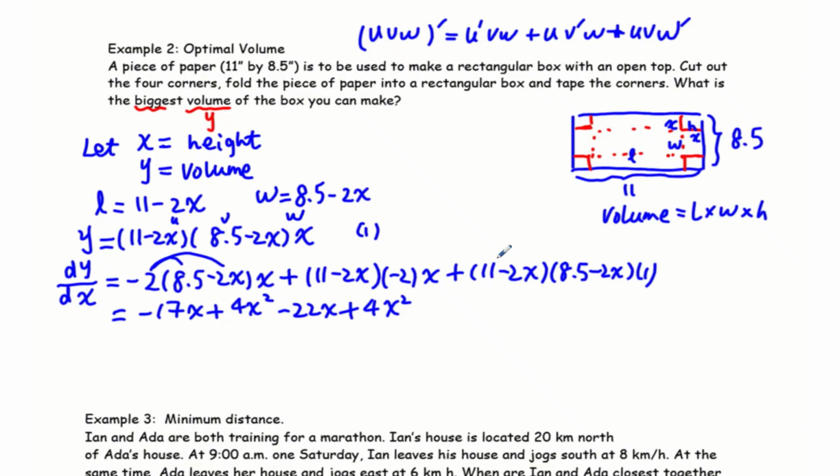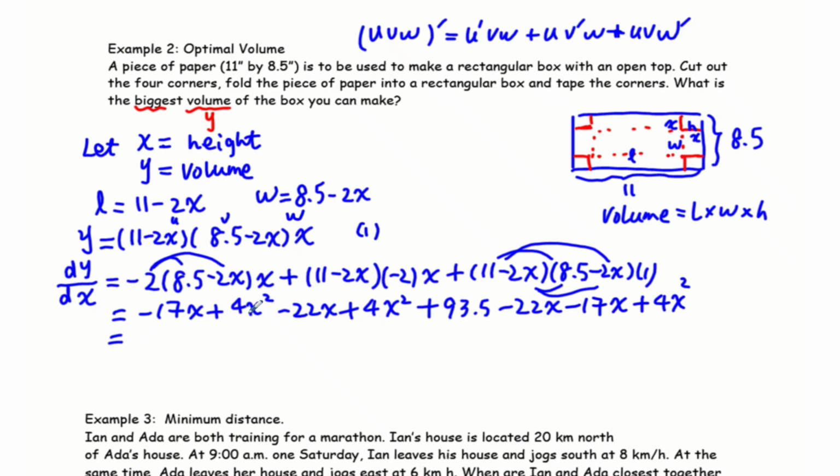Then this one, 4 terms. So plus 11 times 8.5 is 93.5. 11 times -2x is -22x. -2x times 8.5 is -17. Then -2 times -2, 4x squared.